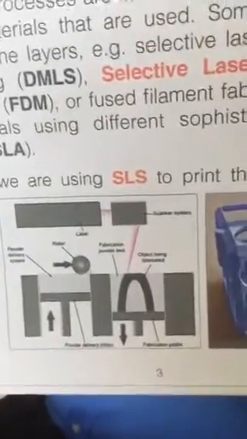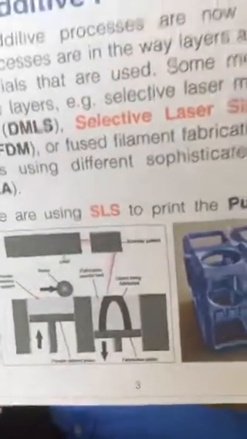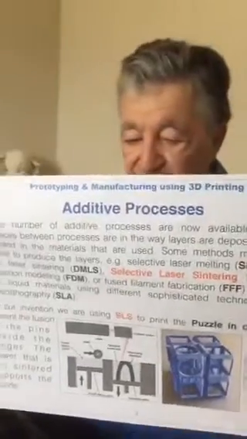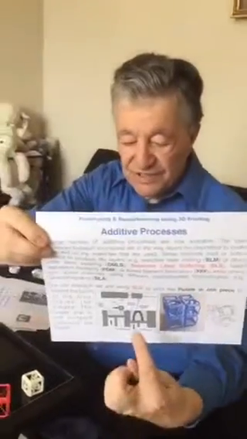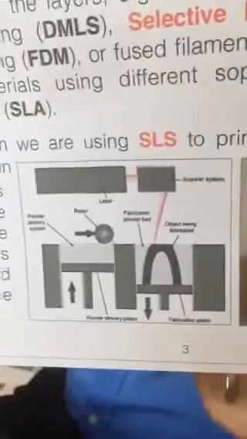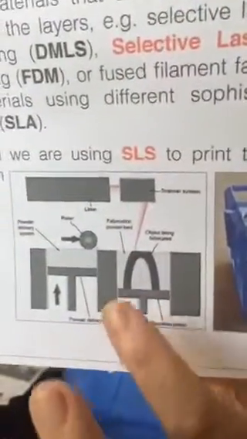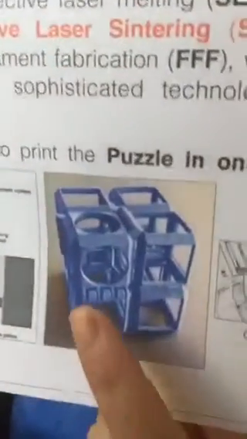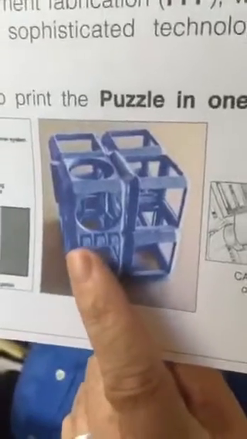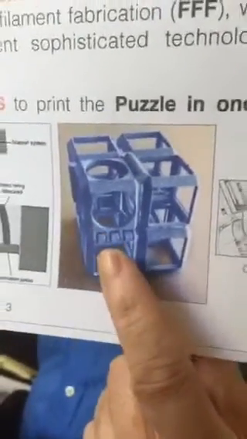The concept is that the head of the printer, instead of being a nozzle injecting plastic, is a laser, guided by a computer, that burns the powder. The advantage of that technique is that the powder retains the object, and we are able to make a puzzle with all the articulation and everything in one piece using that technology.